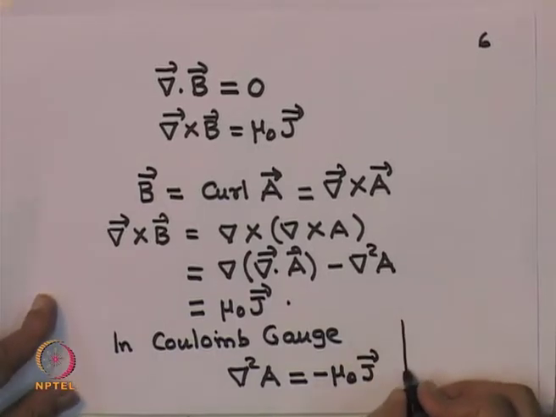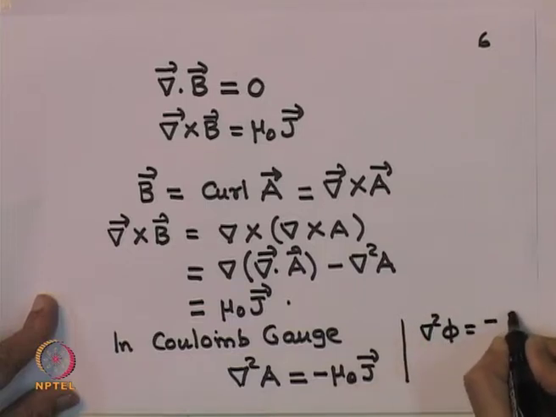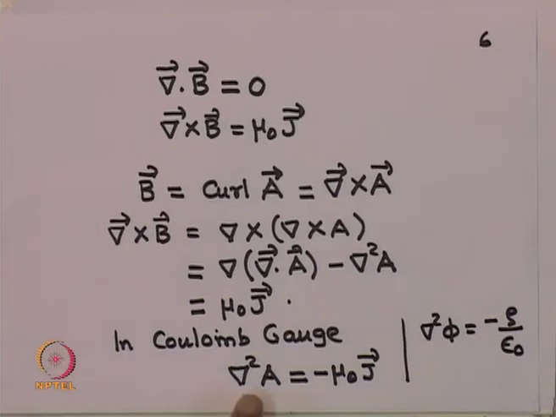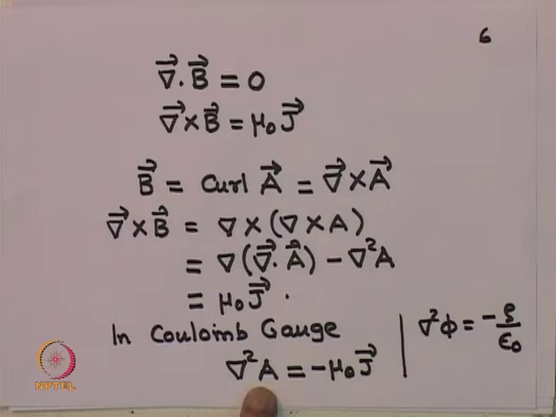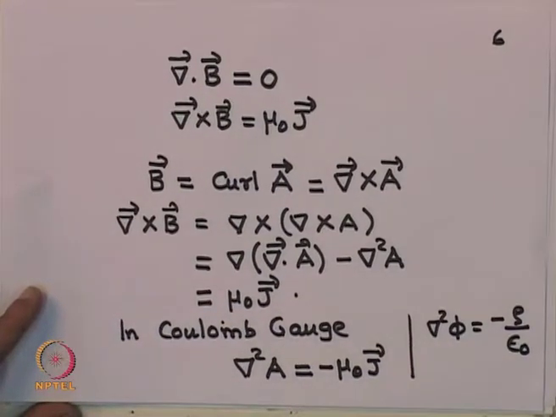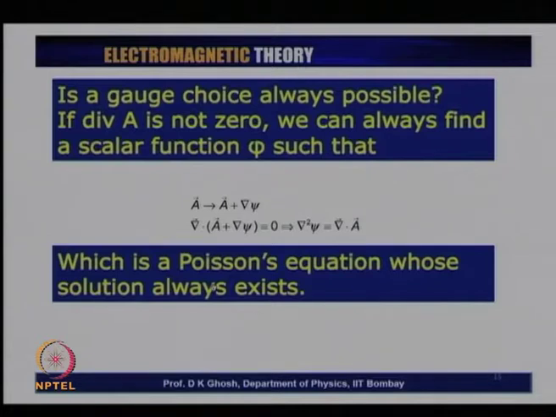Recall, this is to be compared with del square of phi equal to minus rho by epsilon 0. Of course, this is actually 3 equations: del square A x equal to minus mu 0 j x, del square A y equal to minus mu 0 j y, and del square A z equal to minus mu 0 j z. But since a solution to Poisson's equation can always be found, we are perfectly okay in saying this.